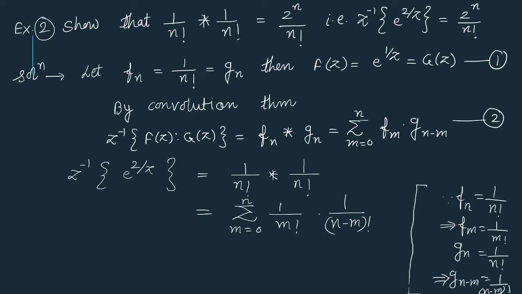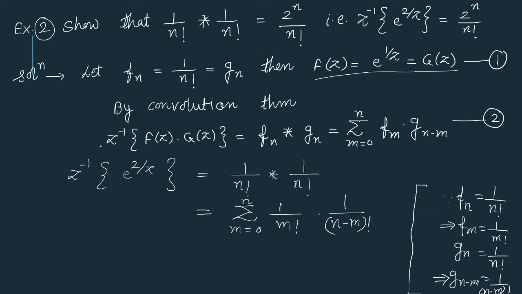Now here, by using the convolution theorem, that means we have to write in the two forms, f of z into g of z. Now here f of n equal to 1 upon n factorial equal to g of n. Therefore, capital F of z of these values are same. Therefore, f of z and g of z value are e to the power 1 by z, same value.